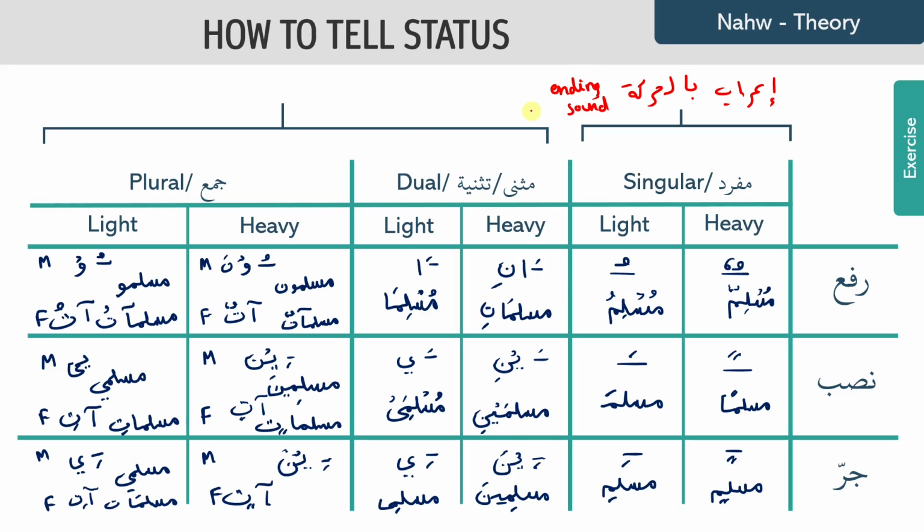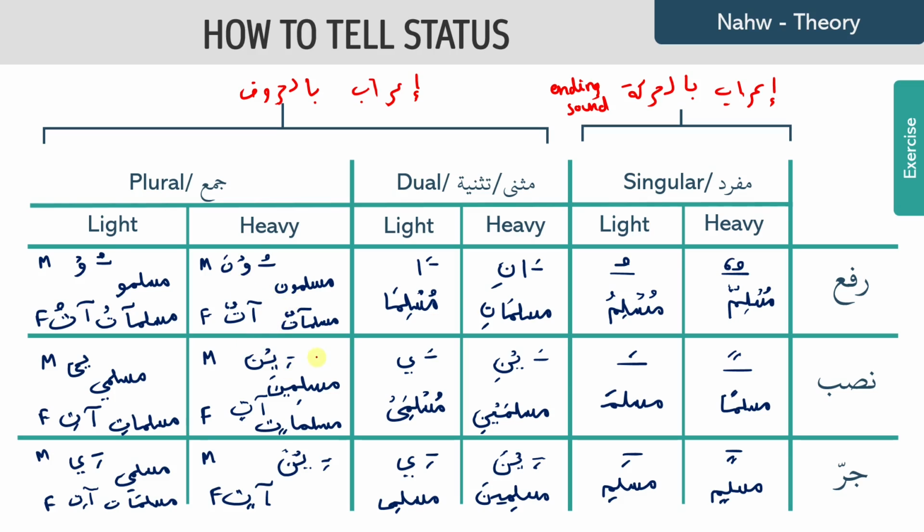When you have a suffix that tells you the status, when the i'rab is the suffix, that is called i'rab bil huruf. Huruf means letters, and in fact this kind of i'rab is made up by letters.